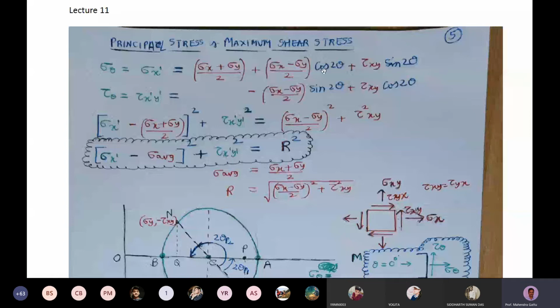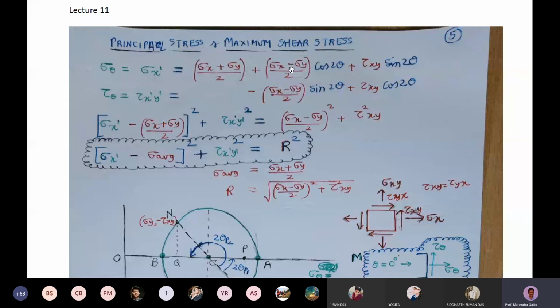What we'll do is send the term (sigma x plus sigma y) by 2 to the left hand side, square the left hand side, and similarly square this term and see what we get. So (sigma theta minus (sigma x plus sigma y) by 2) whole square plus tau x prime y prime square, or tau theta square, will be equal to this square plus this square.